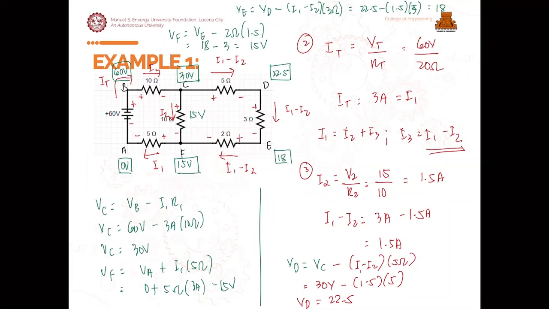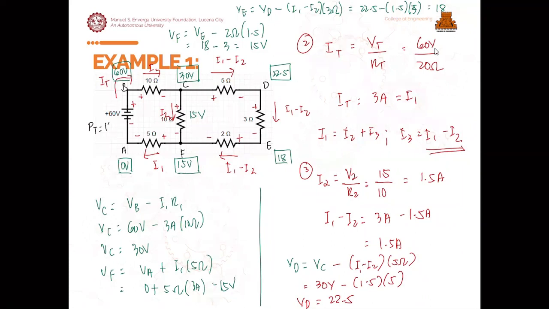Then we have also calculated our voltage drops. Now what remains is the value of power. The power is just the product of current times voltage. So let us get our total power, which will be I times V. So 60 times our current value of 3.